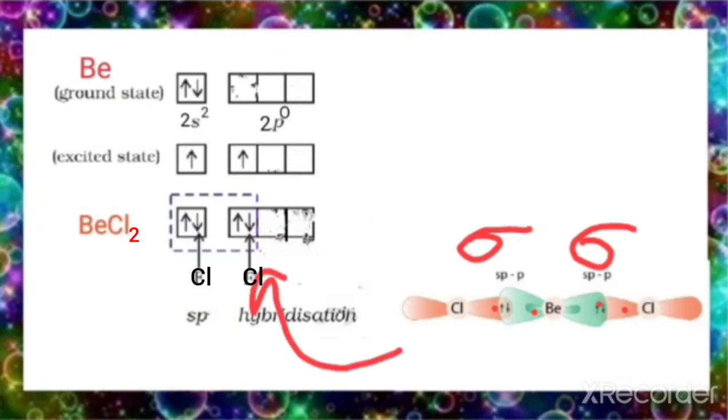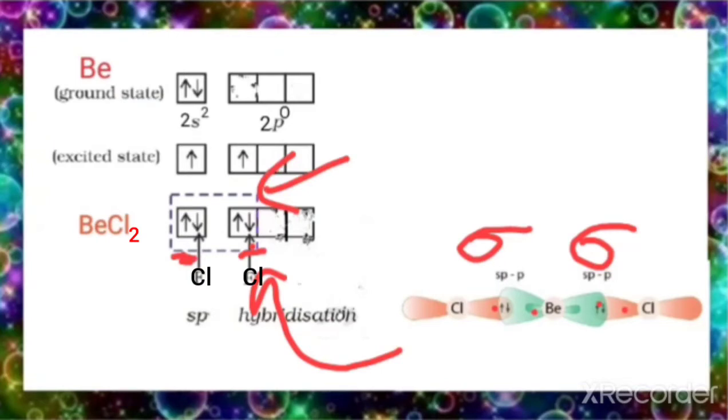The dotted box shows that the s and p orbitals get hybridized. These two orbitals are now called sp hybrid orbitals. They are not called s or p; they are a combination of both s and p.